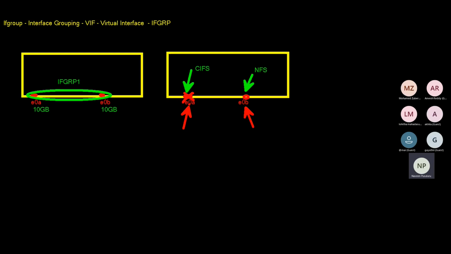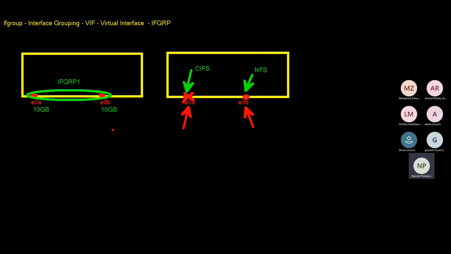But in this scenario here, there is so much burden on e0a and very less load on e0b, so the performance is not balanced. The clients accessing CIFS through e0a might face performance issues. So that is one more reason.